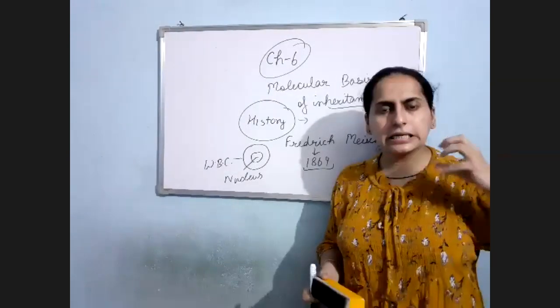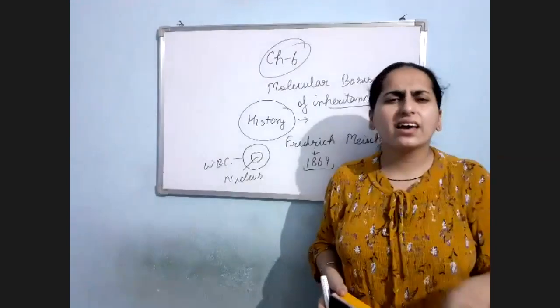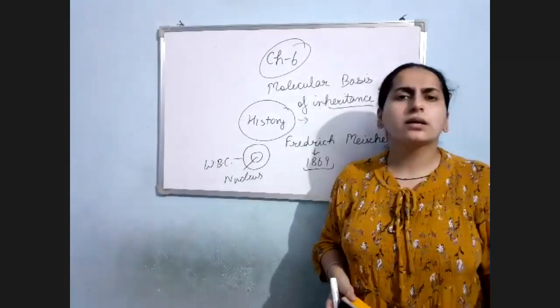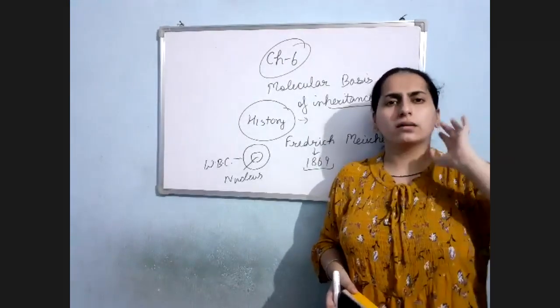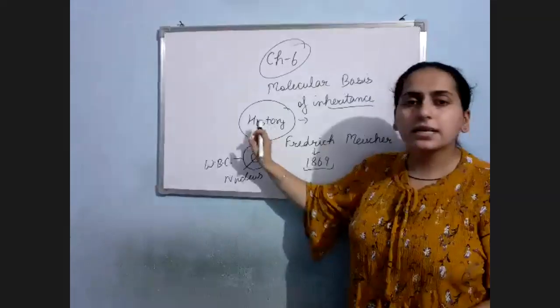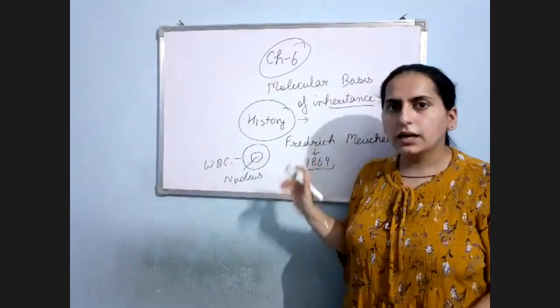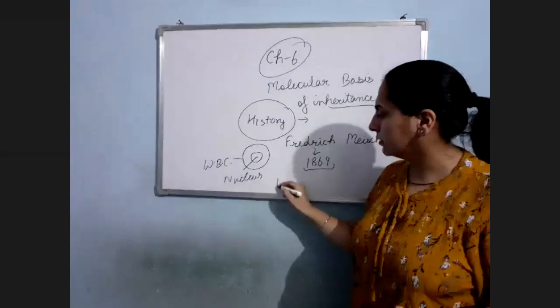He isolated one structure. What that structure is, its detailed structure he was not able to study, as at that time the microscopes were not that good. So he just extracted that material from the nucleus and he named that material as nuclein.